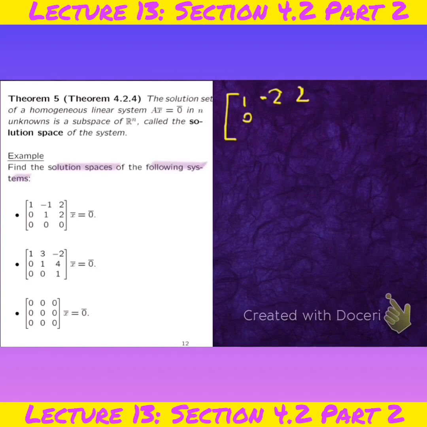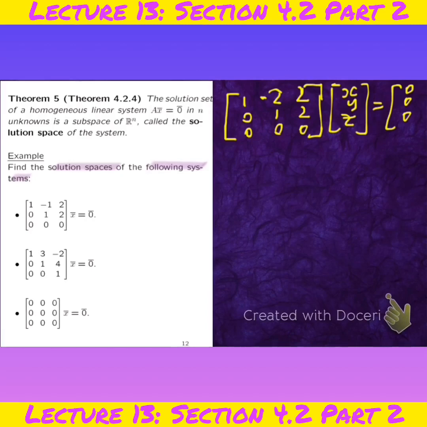So it's got that 1, 2, it's got 0, 0, 0, and then it's got the vector, let's call that x, and that is the 0 vector.